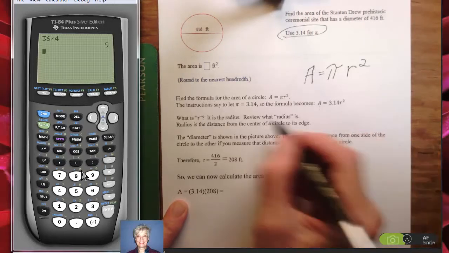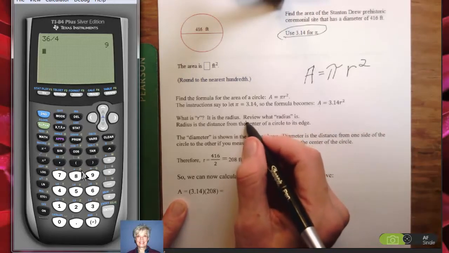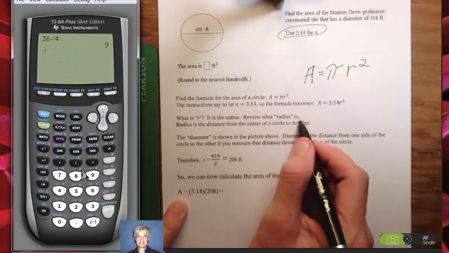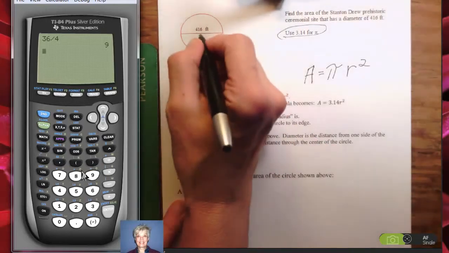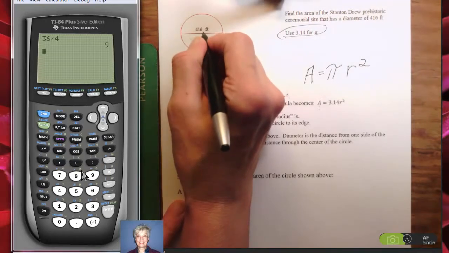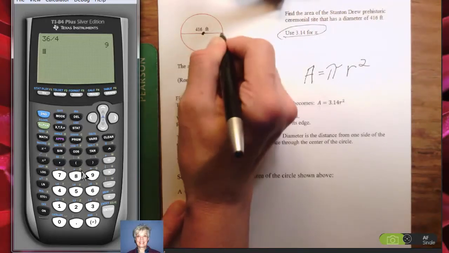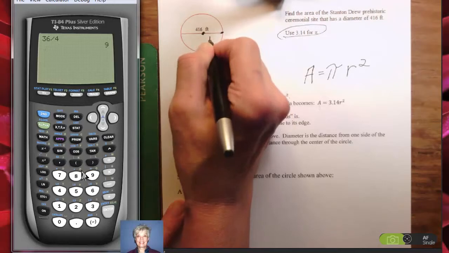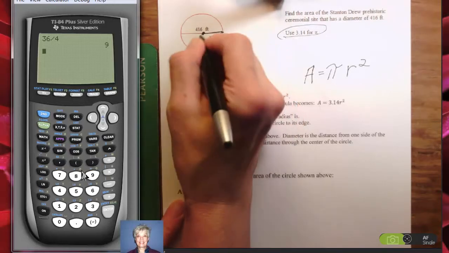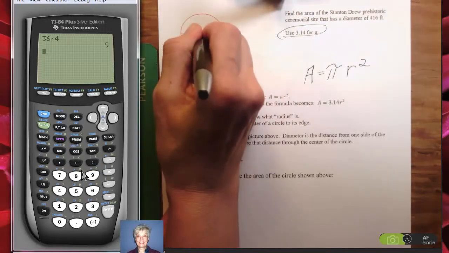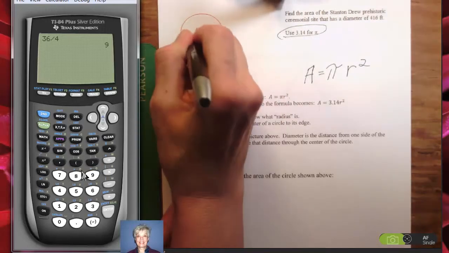R is the radius. And you can look up on the internet or look in your book to remember what the radius is. But I'm going to tell you here, the radius is the distance from the center to the edge of the circle, okay? Notice that there's a radius here and a radius here.